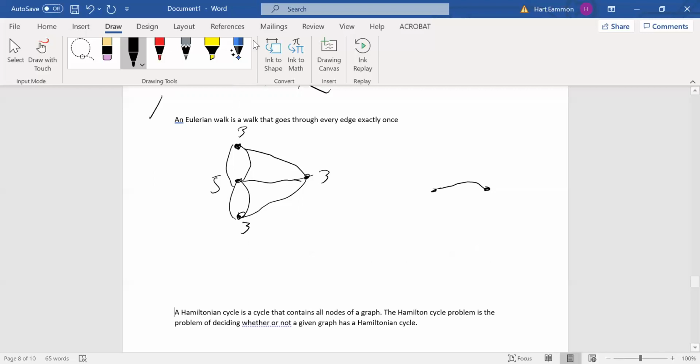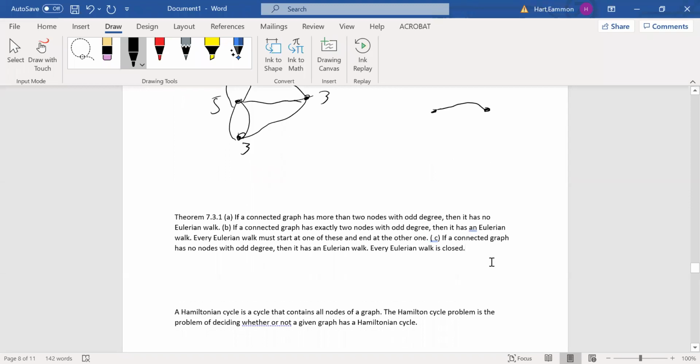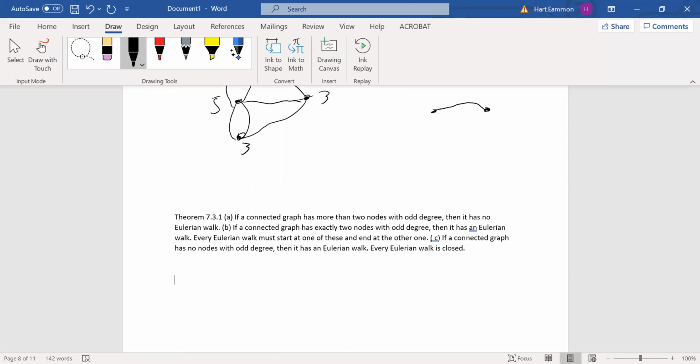To give you the theorem straight from your textbook: if a connected graph has more than 2 nodes of odd degree, then it has no Eulerian walk. That's what we just used to prove that this does not have an Eulerian walk.